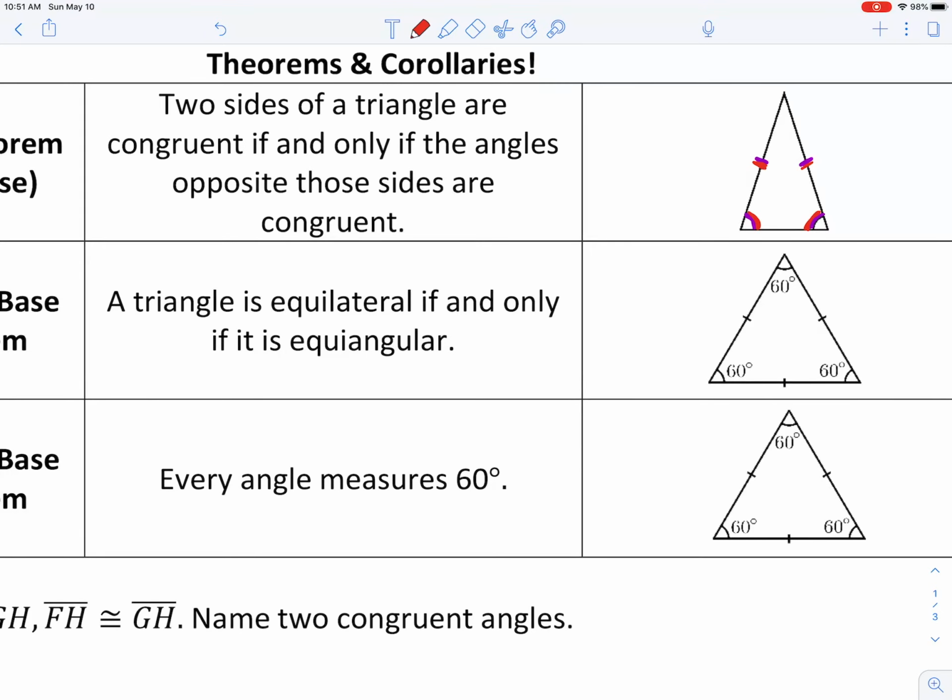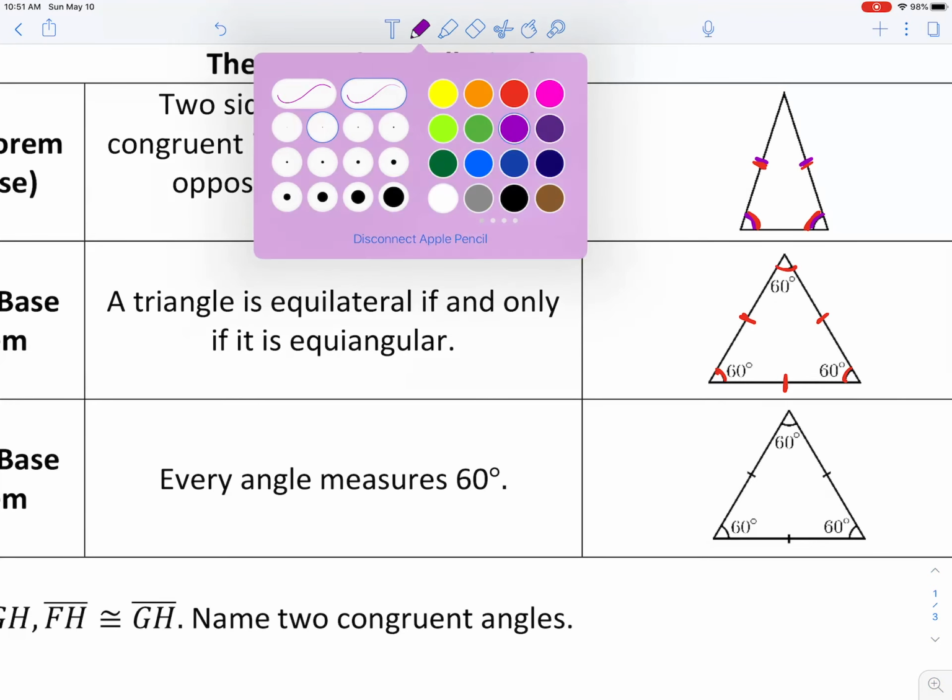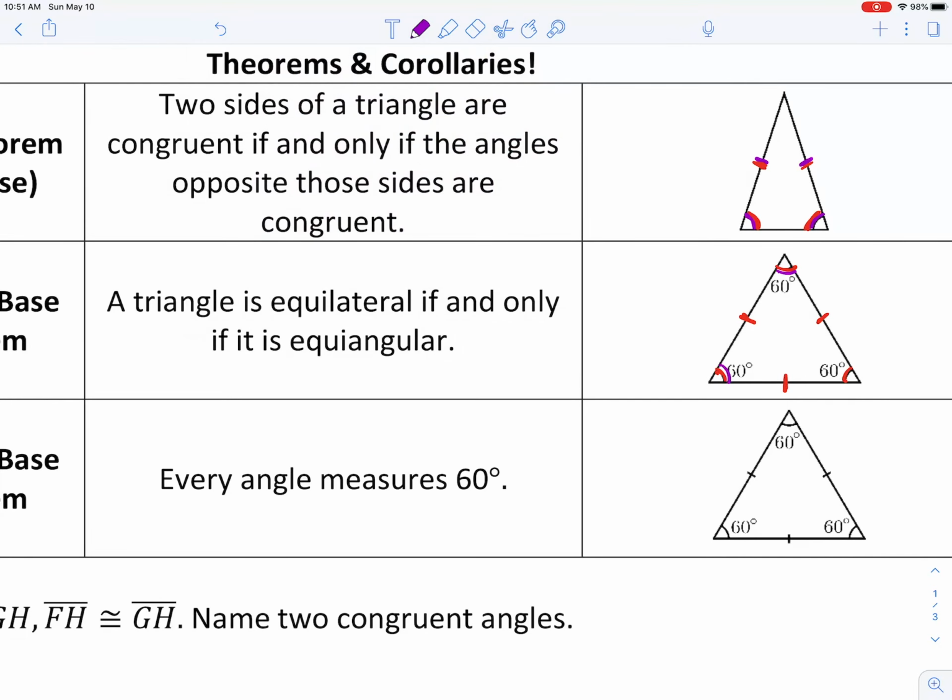But it says a triangle is equilateral if and only if it's equiangular. So that means if I know that this triangle, all three sides are the same, they're equilateral, that means that all three of these angles are also the same. It also goes the opposite direction. So if I know all of these angles are the same, that's going to tell me that it's equilateral, that all sides are the same.